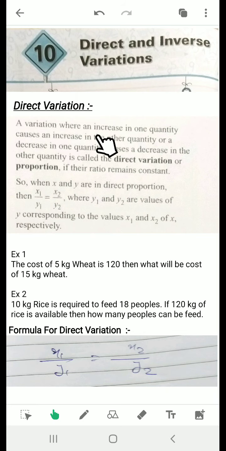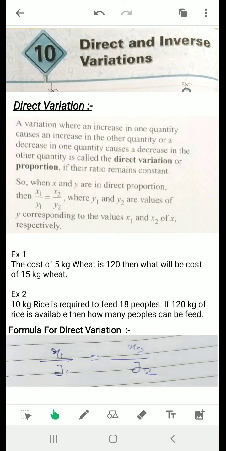A variation where an increase in one quantity causes an increase in the other quantity, or a decrease in one quantity causes a decrease in the other quantity, is called direct variation. So whenever two quantities x and y are in direct proportion, or they are in direct ratio, or they are in direct variation, then there will be x1 upon y1 equals to x2 upon y2.